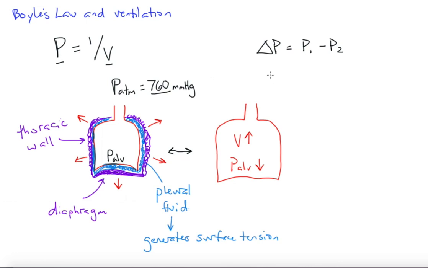Remember, atmospheric pressure is sitting up here at 760 still, right? So our alveolar pressure falls to 759, 758, something less than 760. And so all of a sudden we have a delta P. The pressure on the outside is greater than the pressure on the inside of the lungs.